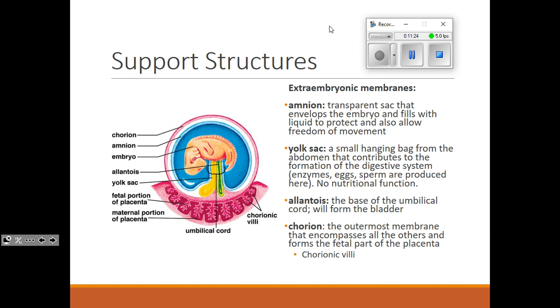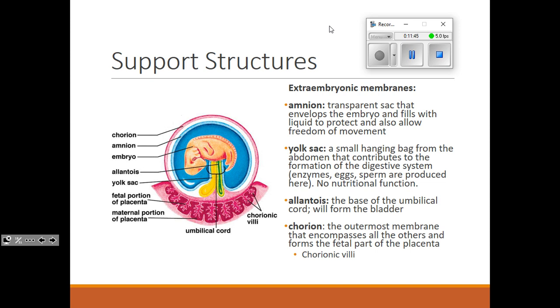Everything starts with that one zygote. So all of these structures form with the same set of DNA that our one original zygote had. None of these structures form unless there's a zygote that turns into a blastocyst that implants itself into the uterus.